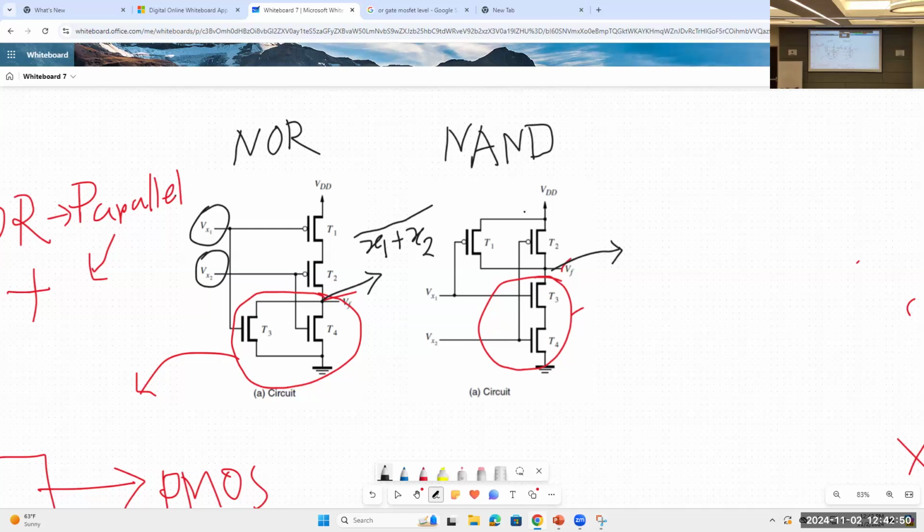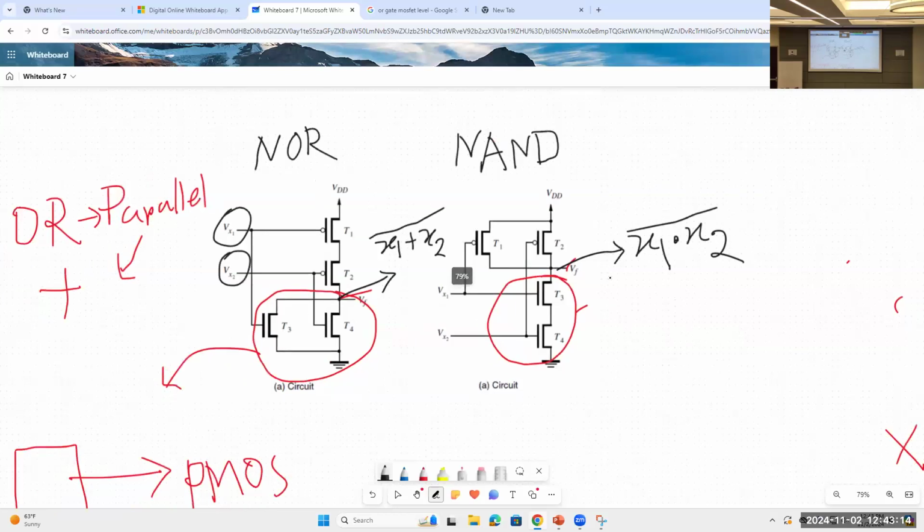So we should be convinced that this is NAND. How do we write NAND? At first we write x1 dot x2, and then we put a bar over it. So we write AND first, then we put a bar over it.